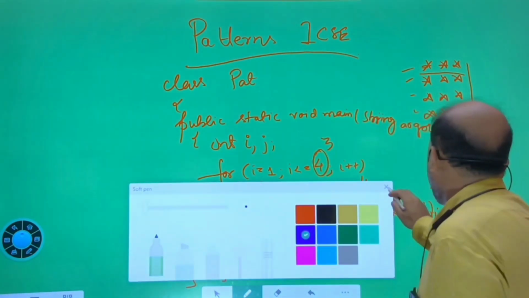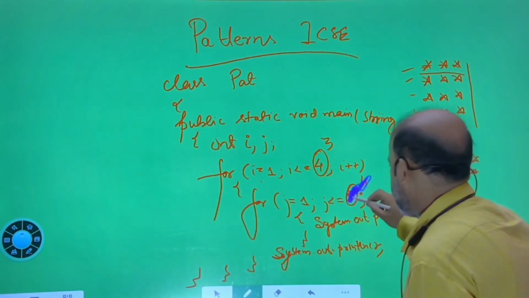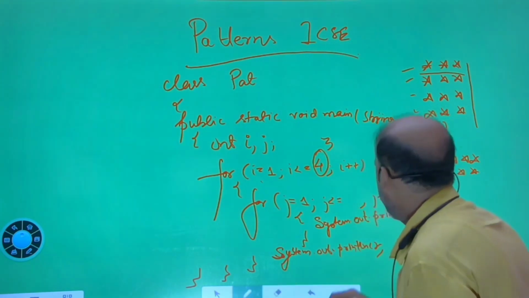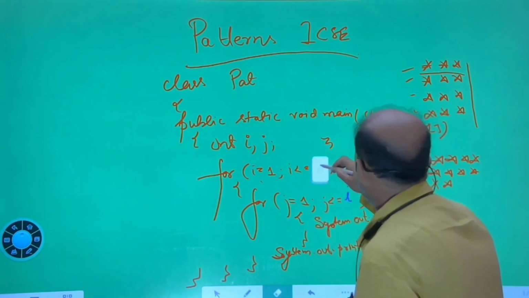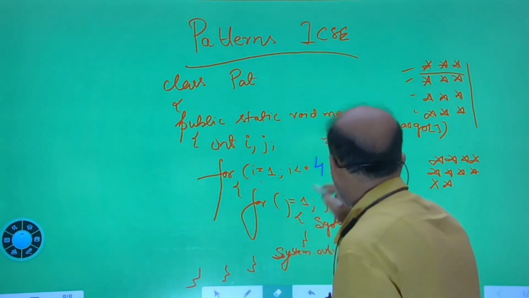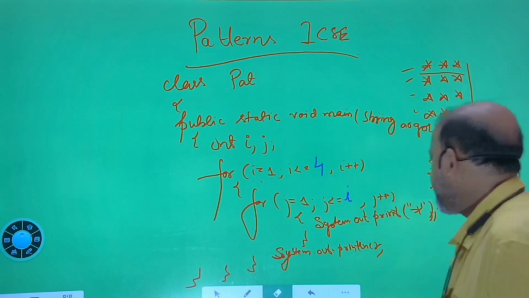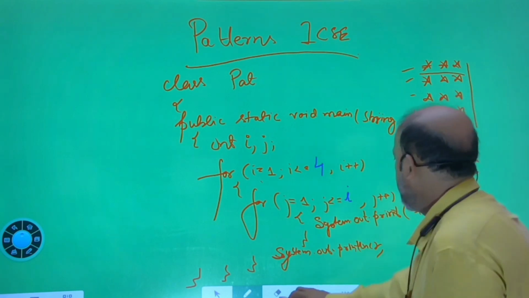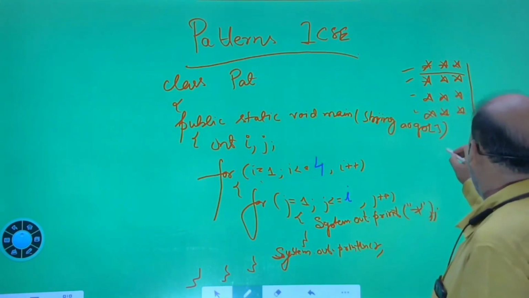See, if the same thing, instead of this, I use i here, and instead of this, I use 4, what is going to happen? You can see i is 1, j runs till i. So first time you will get 1 star.